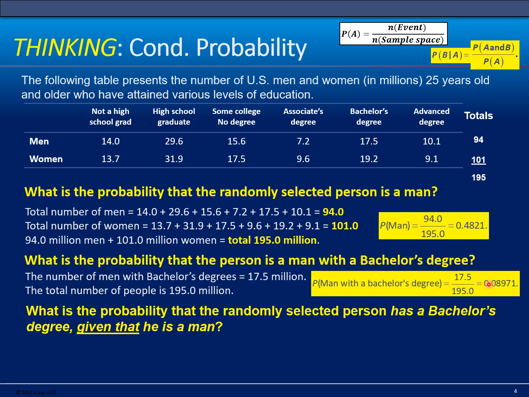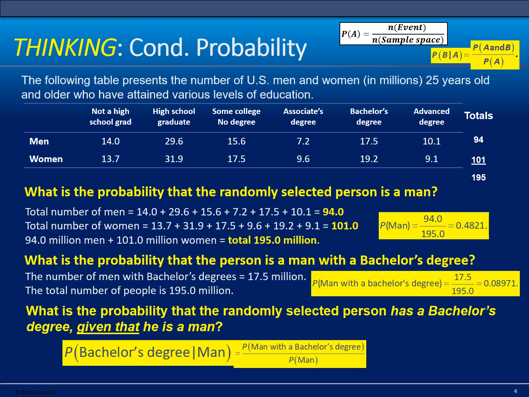So we actually figured out the two parts, the probability of A, which is the probability of man, and the probability of A and B, which is the probability of men and a bachelor's degree. Okay. So this is, again, the probability of a bachelor's degree given that he is a man. So this is the probability of a man with a bachelor's degree over the probability of a man. Both of those we just figured out.